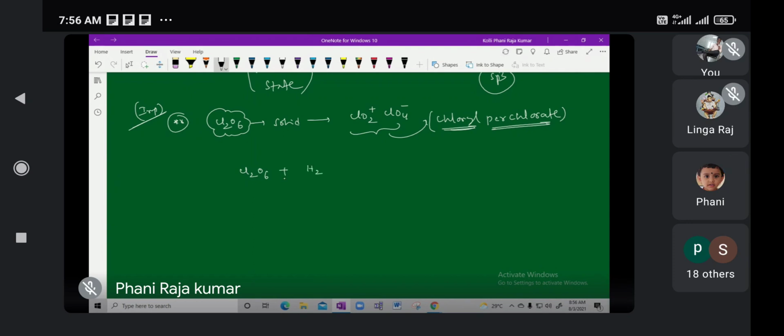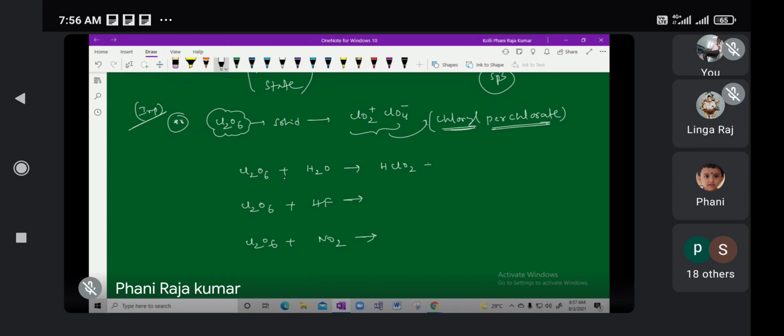Cl2O6 plus H2O, Cl2O6 plus HF, Cl2O6 with NO2. The three reactions I am giving to support the ionic form. One is with water, one is with HF, one is with NO2. With H2O, it gives HClO2. Sorry, HCl.